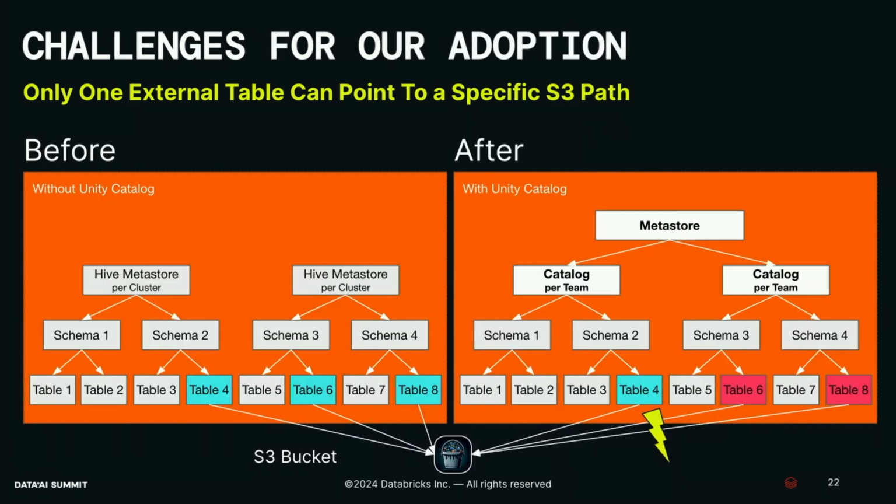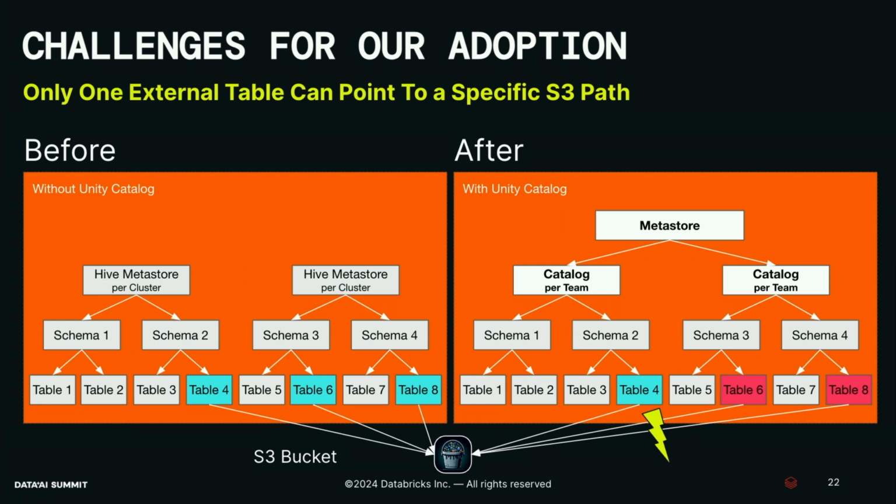Another challenge for our migration to Unity Catalog is that Unity Catalog allows only one external table pointing to the same S3 path. The problem is that currently we have multiple independent Hive Metastores, and people can create external tables pointing to the same S3 path, which is no problem. But if you go to Unity Catalog, this doesn't work anymore.